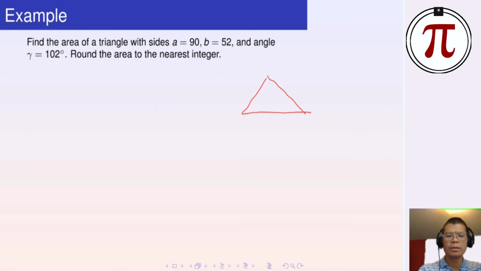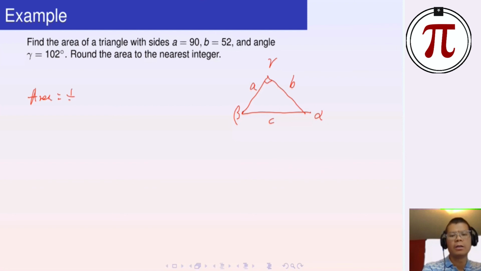Right, this is the gamma 102, this is side a, this is b, and this is c. So this will be alpha, and this is beta. Okay, so here a and b are given, gamma is given. So is gamma in between a and b? Yes.